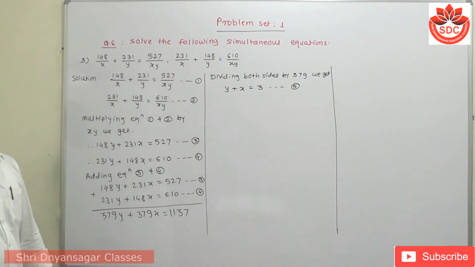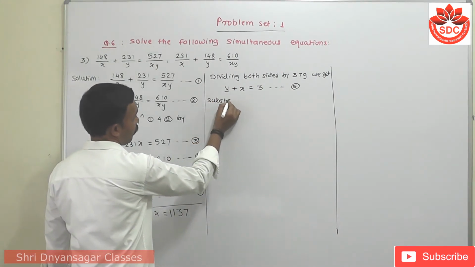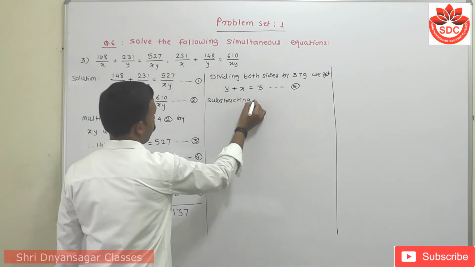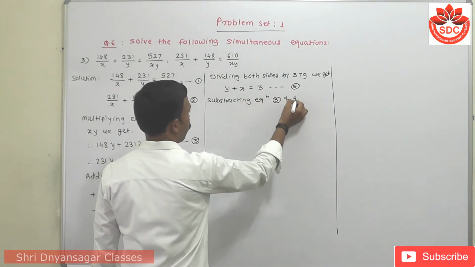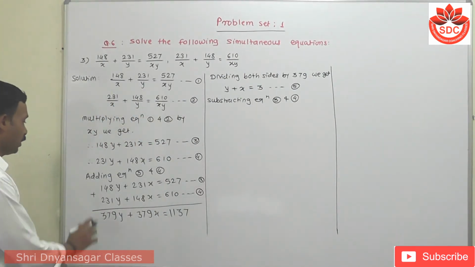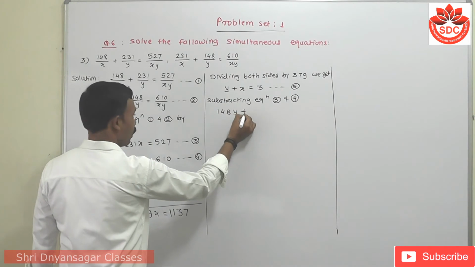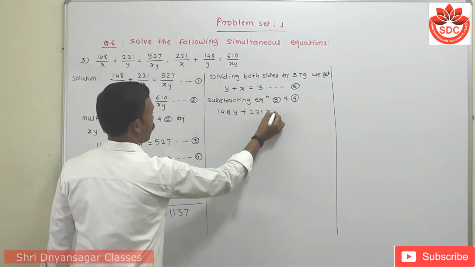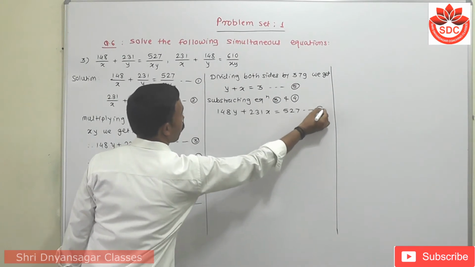Then the second step is subtracting. So subtracting equations third and fourth. The third equation is 148y plus 231x is equal to 527, equation number third.